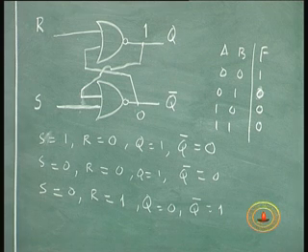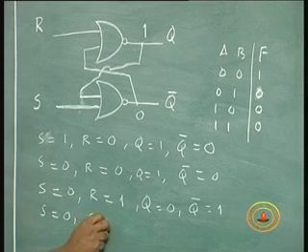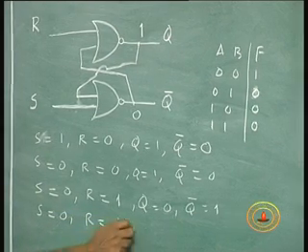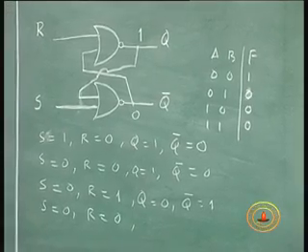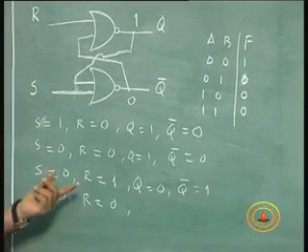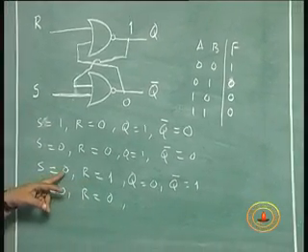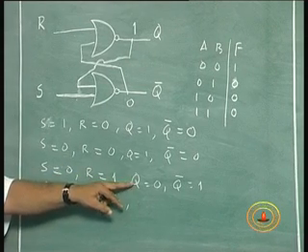Now, again I will do S equals 0, R equal to 0. This will make it very clear that the present output is dependent on the previous output. Now, I am considering the case when S is equal to 0, R is equal to 1, output of Q is 0, Q bar is 1.